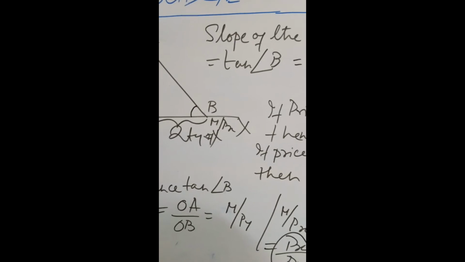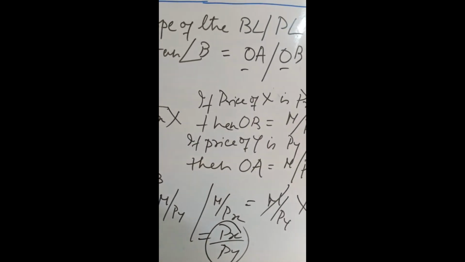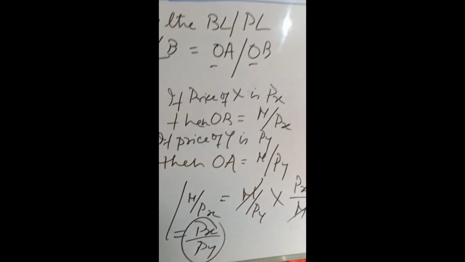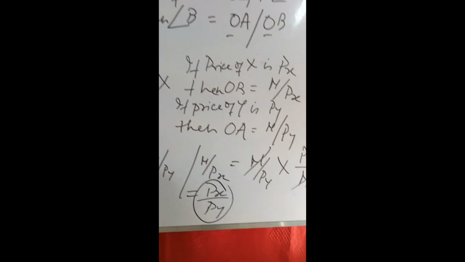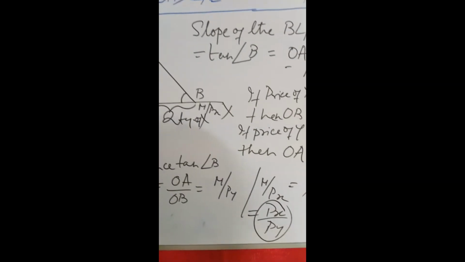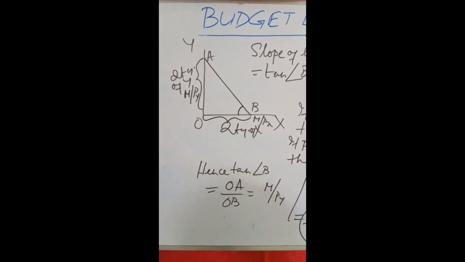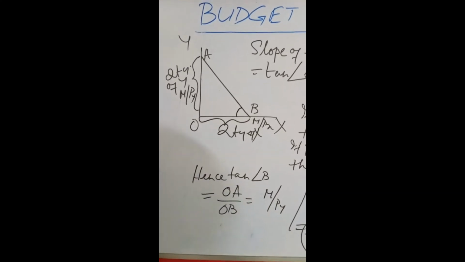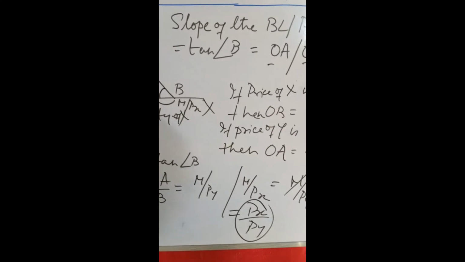If price of X falls, the consumer will be able to purchase more of X. If price of X increases, the consumer will be able to purchase less of X. If price of Y increases, the consumer will be able to purchase less of Y. And if price of Y falls, the consumer will be able to purchase more of Y. Okay.